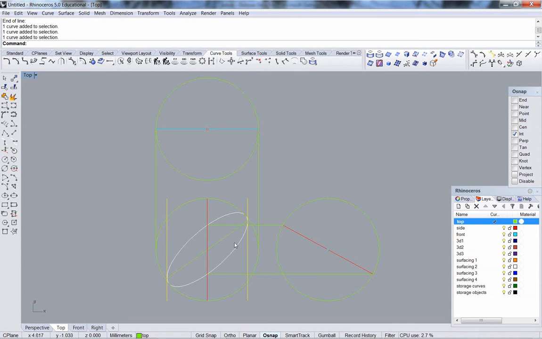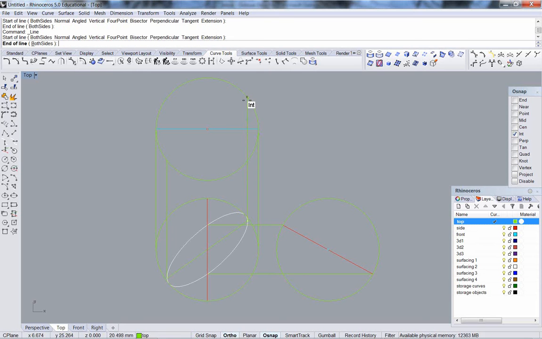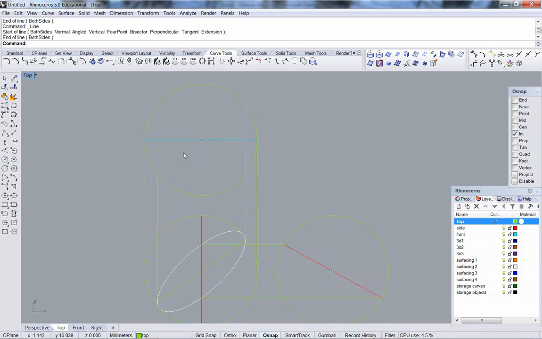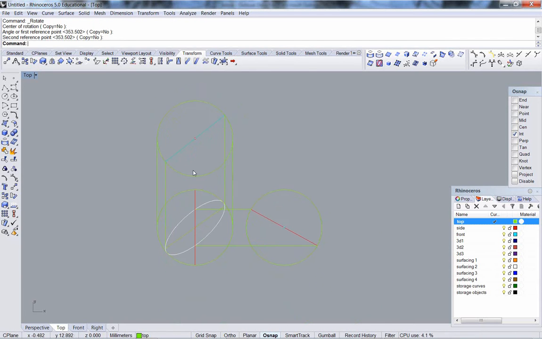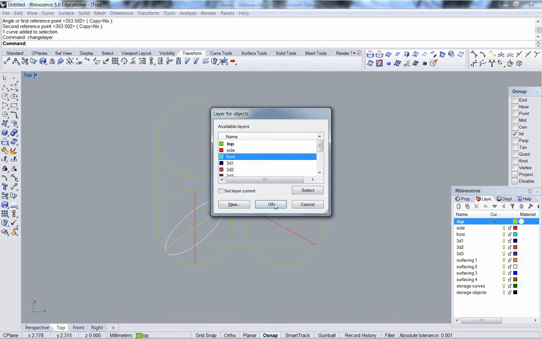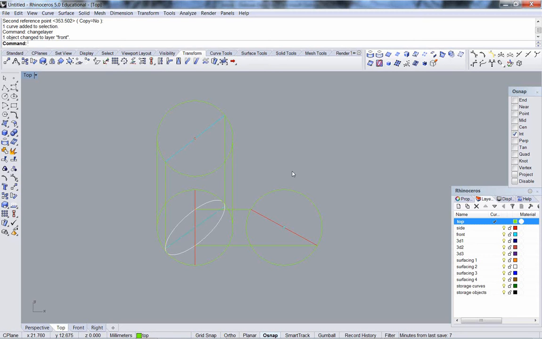Because all of the z-action lines run parallel to the z-axis. So the x-axis has now rotated like so.